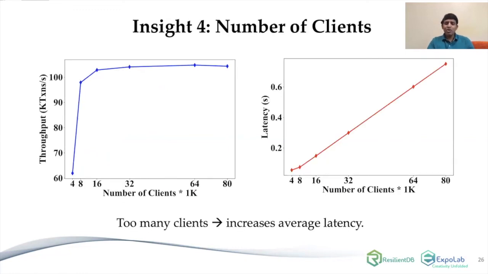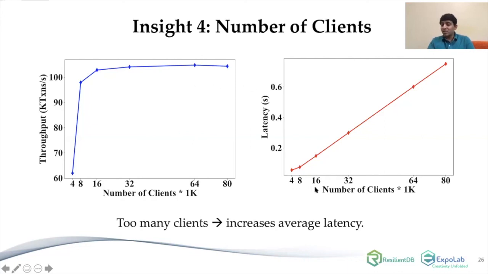Next, we wanted to study, is there actually an effect of the number of clients? For example, can we just saturate the system by sending a huge number of clients, and will it actually affect the system performance? And that is what we see. Beyond a specific number, for example here, after 32,000 clients, the throughput is almost saturated.